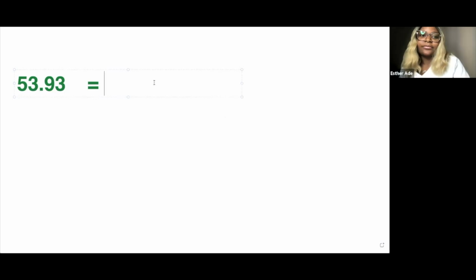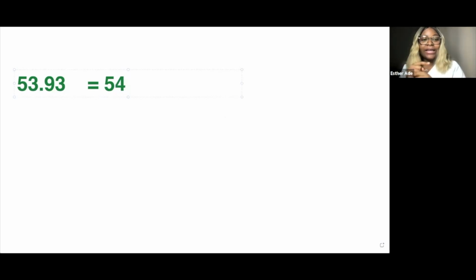Our first one is 53.93. Round to the nearest whole number. What should your answer be? That should be 54. All right, 54.